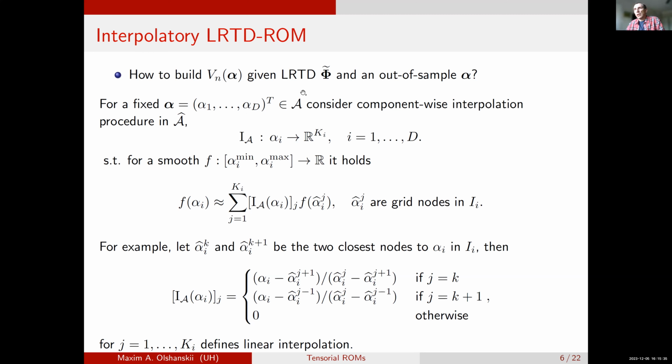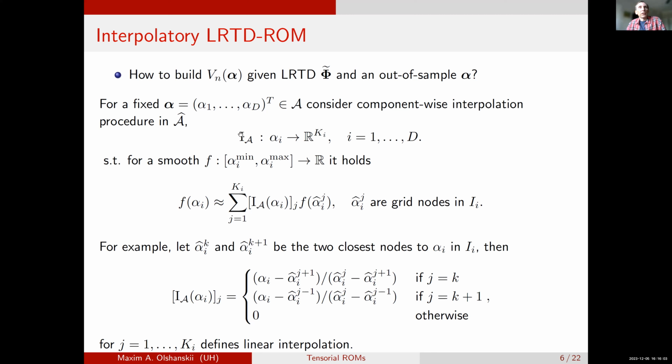And what we essentially want to do is interpolate this parameter, or better to say, we want to interpolate snapshots using the grid in our parameter domain. So we interpolate this parameter using the sampling grid in the parameter domain.